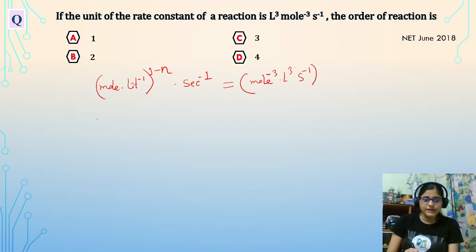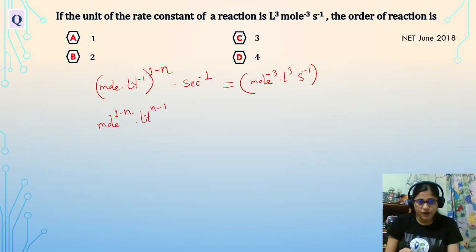So we have to solve this, right? So mole to the power 1 minus n liter to the power -1 was there, n -1.